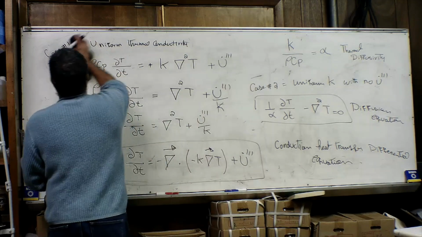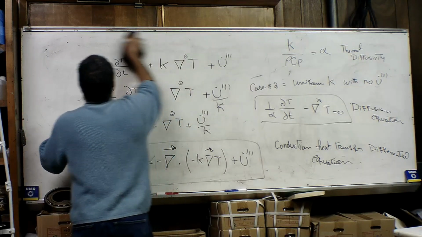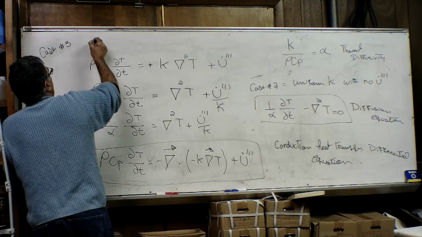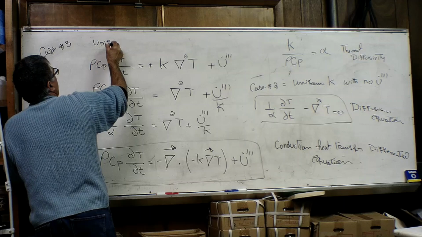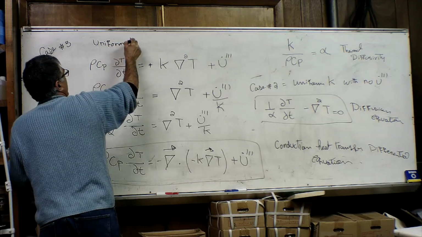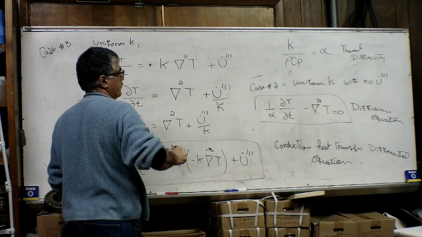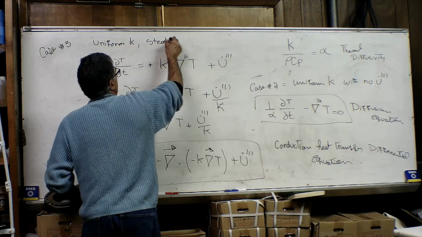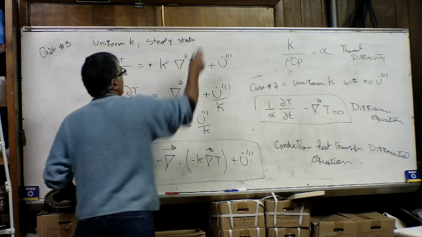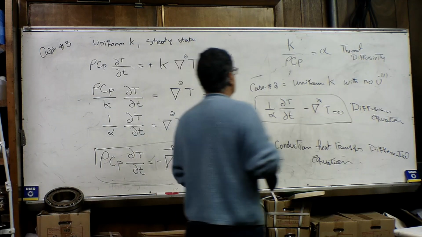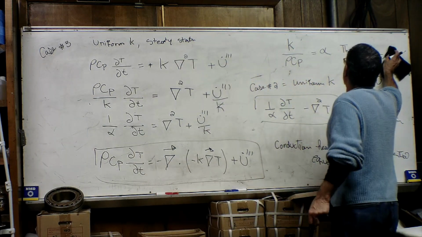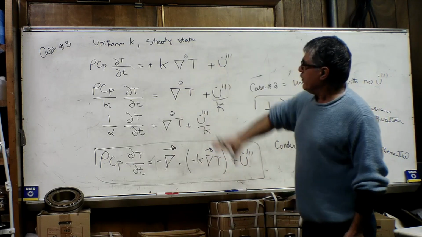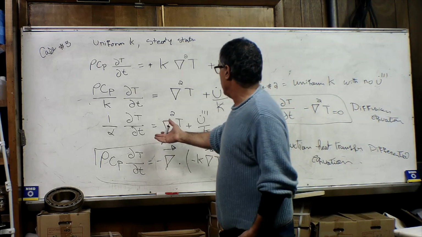Now, let's look at case number 3. We have uniform k, uniform thermal conductivity, a steady state. What steady state means is there is no change with respect to time.